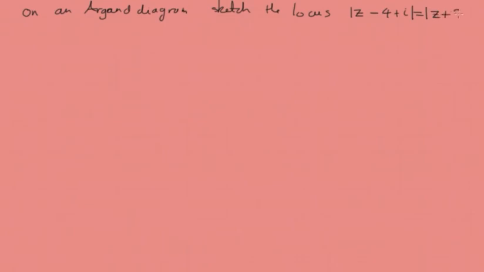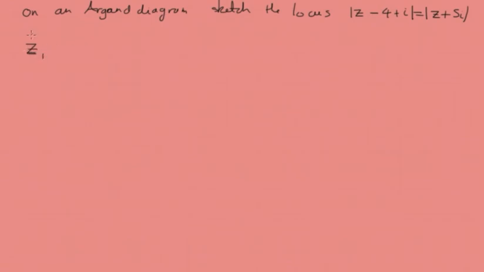So let's look at an example on an Argand diagram. Sketch the locus |z − 4 + i| = |z + 5i|. So let's think, what is z1?